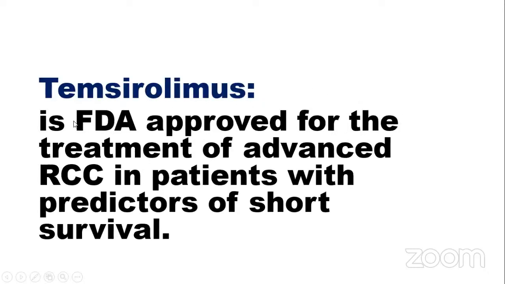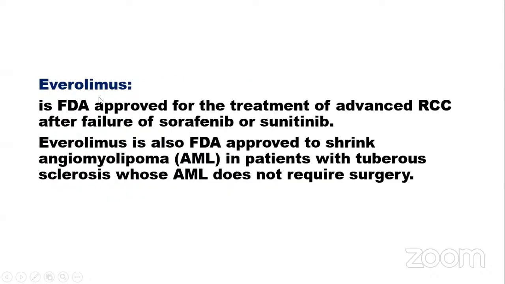Temsirolimus is FDA approved for treatment of advanced RCC in patients with predictors of short survival. So if the patient has a short survival, it is better to use temsirolimus. This is FDA approved for advanced RCC.